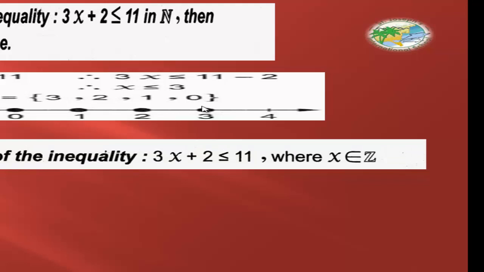Find the solution set of the inequality 3x plus 2 less than or equal 11 where x belongs to z. It is the same question, by the way, but the difference between them is that in the first question x belongs to n, but here x belongs to z. Of course the difference will be in the solution set. Just you have 1 minute to finish answering this question.